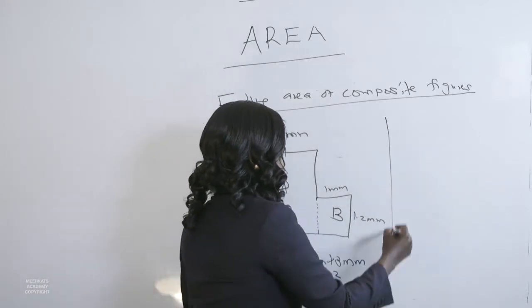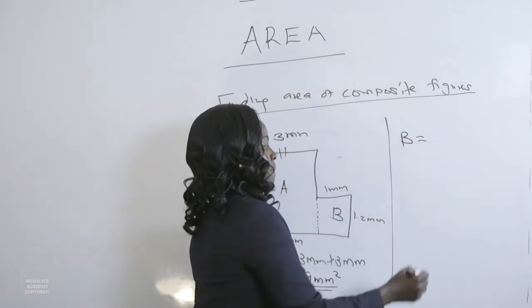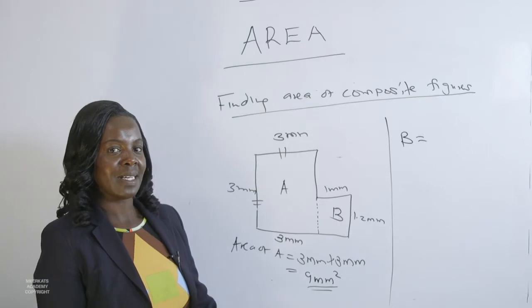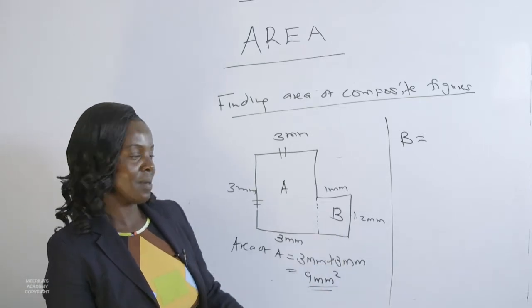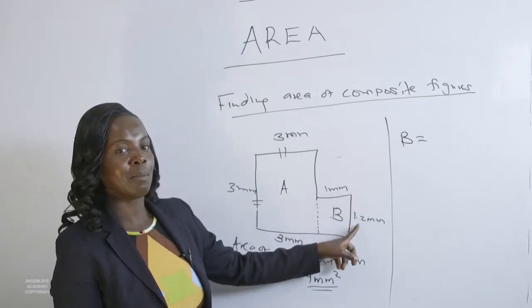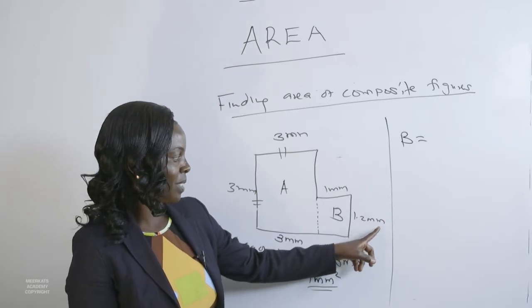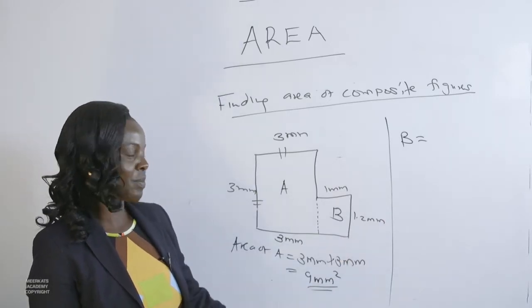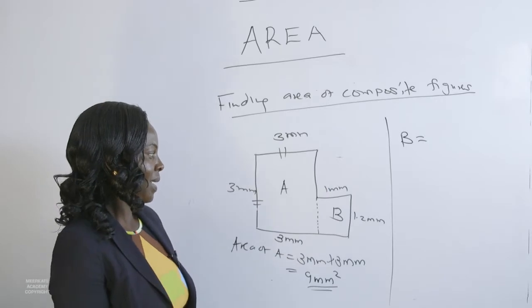What about B? You realize that B is a rectangle measuring 1 millimeter by 1.2 millimeters. We are saying it is a rectangle because the sides are not equal.